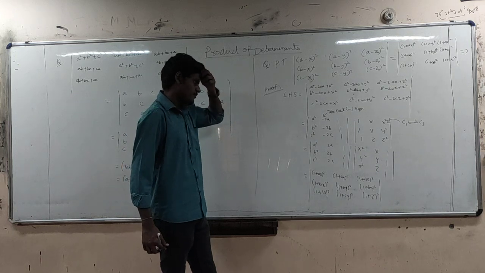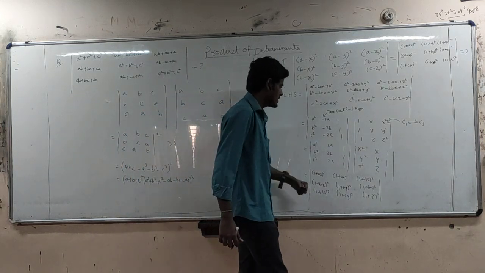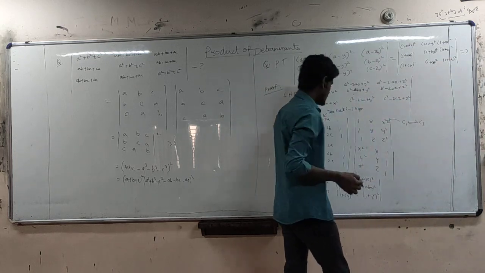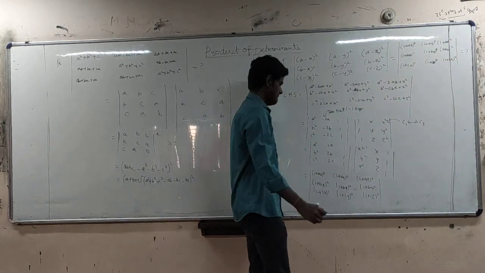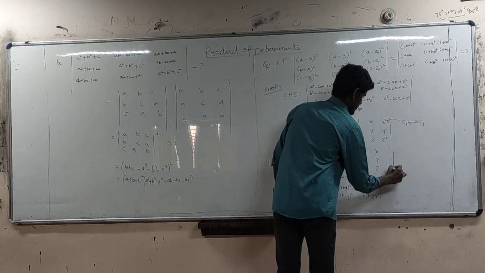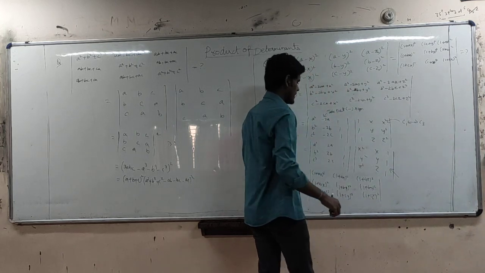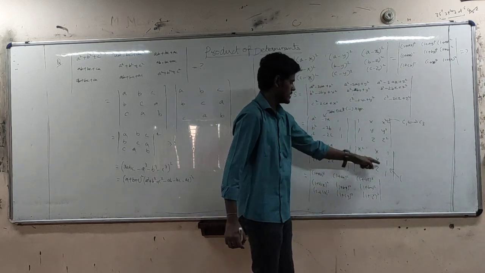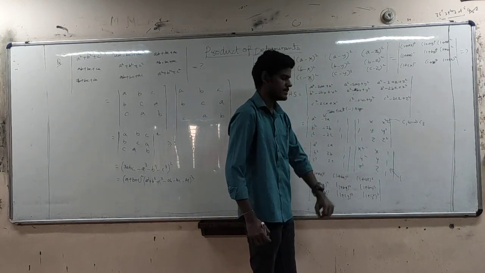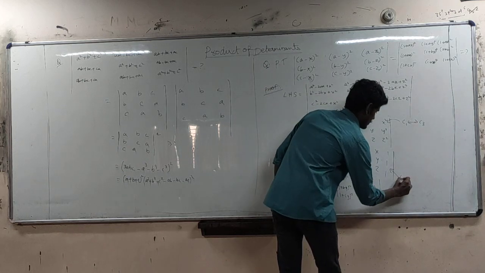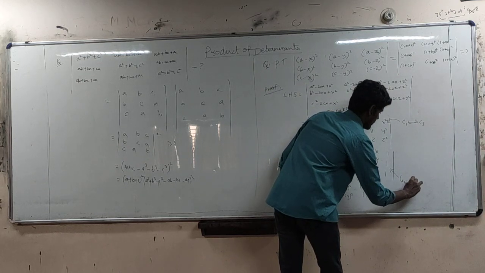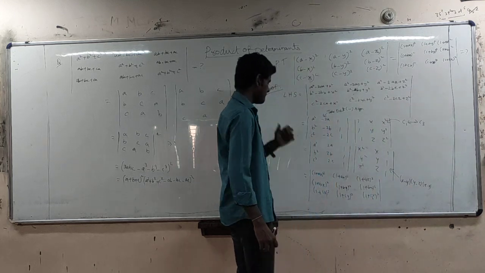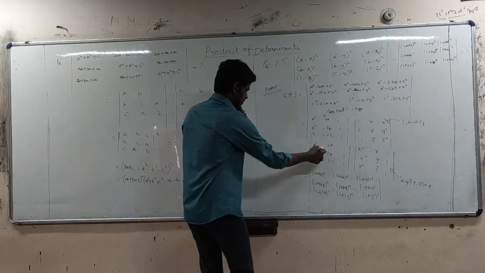Now in order to find the value of this determinant, this is a standard determinant and its value is, I am writing here on the side, (x minus y)(y minus z)(z minus x). And what is the value of this determinant?